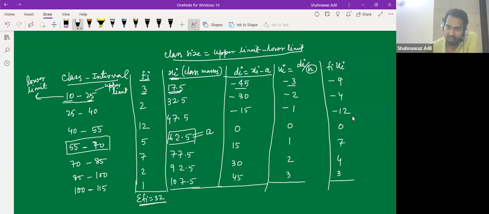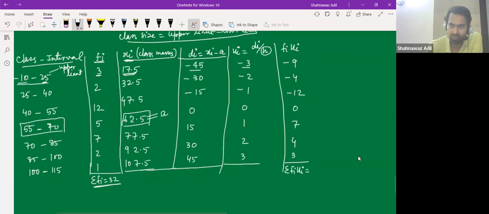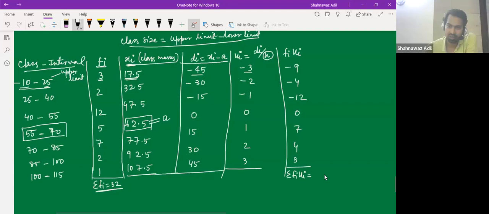So what is the summation of FiUi? So summation of FiUi would be, let's say this is 13 and 12. So minus 25, and this is how much? 10 plus 4, 14.